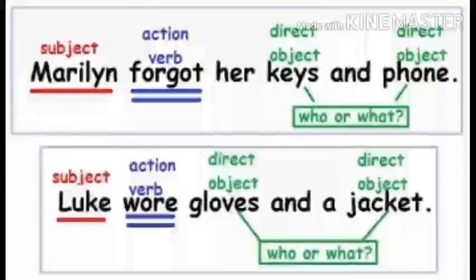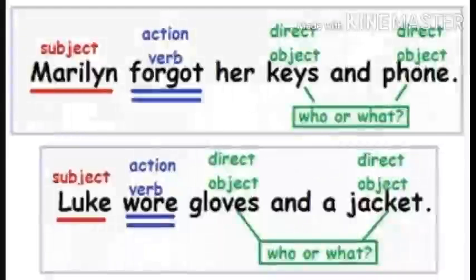Study these sentences carefully. Marlene forgot her keys and phone. Here we are talking about Marlene. So that is the subject, and the action performed by her is forgot. That is the verb. Now what did Marlene forget? The answer must be the object, and she forgot her keys and phone.